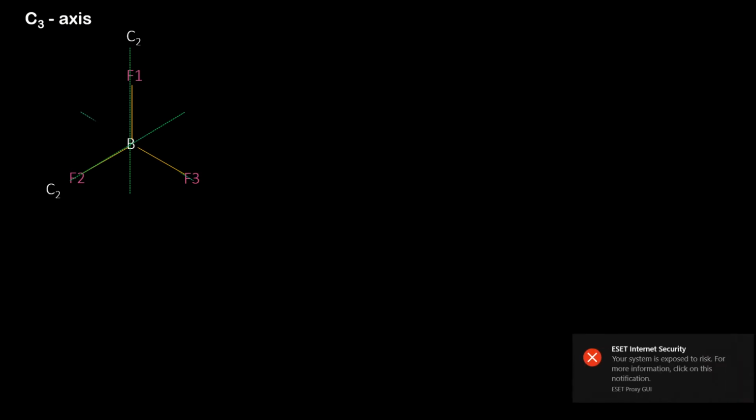Another example for the C3 axis of rotation. This is the example of the BF3 molecule. The shape of BF3 is trigonal planar. BF3 possesses 3 C2 rotational axes, passing through boron and fluorine atoms. Now let's see the top view of this molecule.